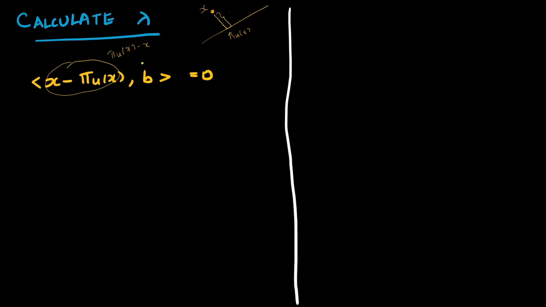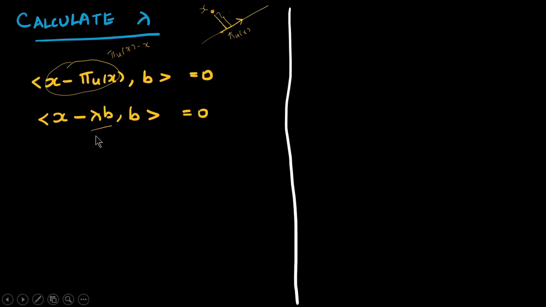Okay, whichever is better, both are correct. Then this vector is perpendicular to the base of u. Okay, so they are perpendicular, so this inner product will be 0. Then pi u of x can be substituted with lambda b. Okay, pi u of x can be represented as lambda b.